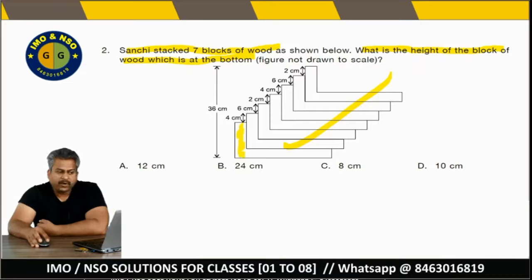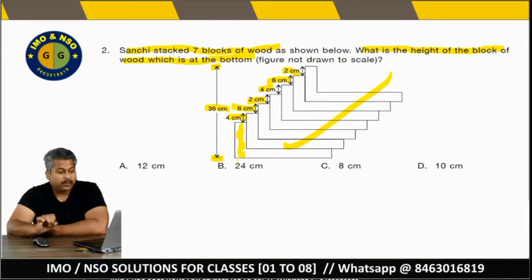In the diagram, from top to bottom the total height is given as 36. From this 36, we know the small heights 4, 6, 2, 4, 6, 2.